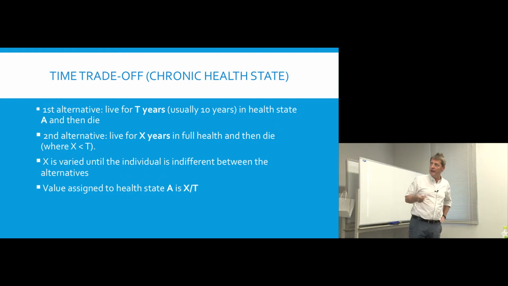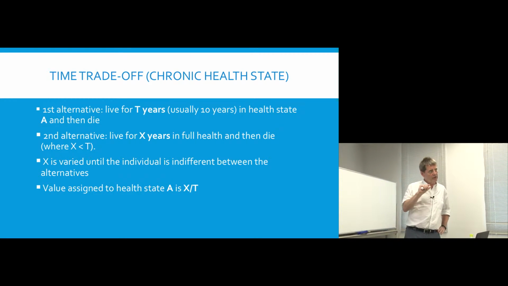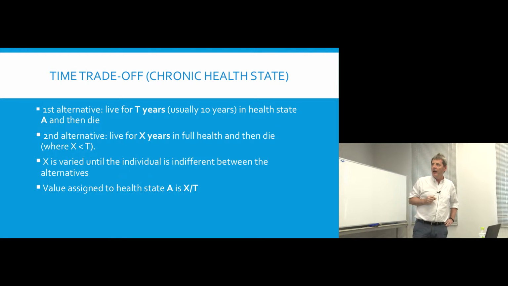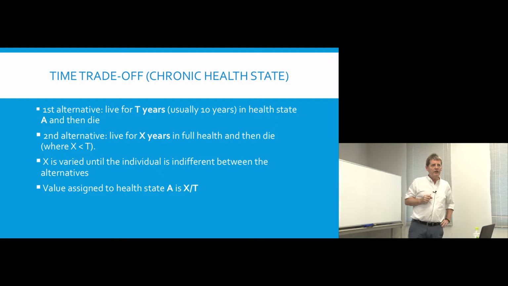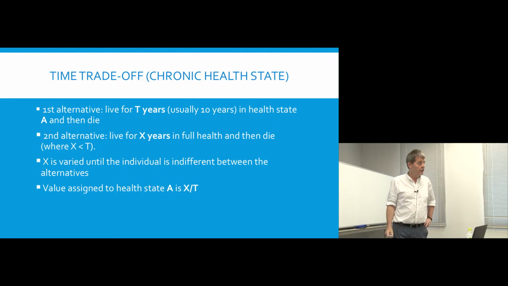And in the time trade-off, this is an illustration for a chronic health state. The approach for temporary health states is slightly different, but let's focus on this. An individual is offered two alternatives. In the first alternative, they're going to live for some period of years, T years, usually 10 is used.